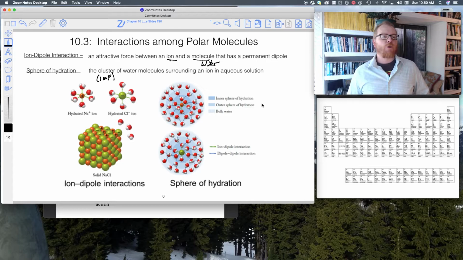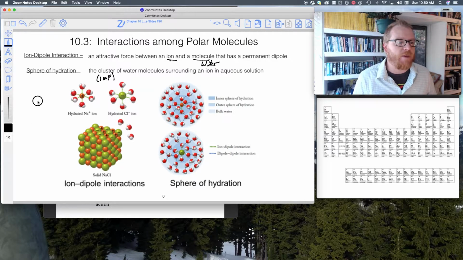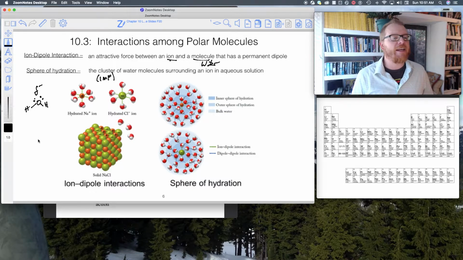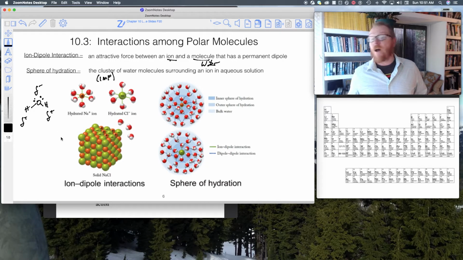Okay? So for example, if we look at sodium here, and I'll remind you that our water molecule has this bent geometry, right? Where it's partially negative on the oxygen side and partially positive on the hydrogen side. Water will surround itself such that the oxygens are pointing towards the cation, because the oxygen is partially negatively charged and the cation is fully positively charged.